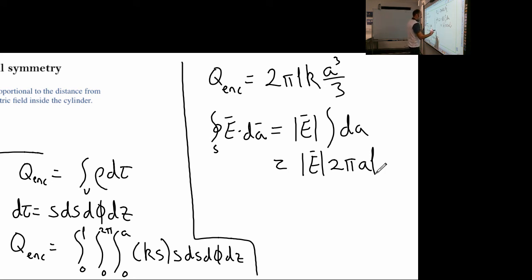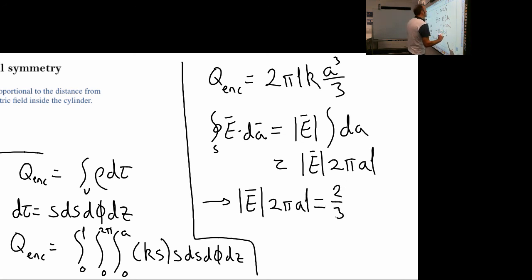So therefore we can write the 2 over 3 pi L K a cubed.